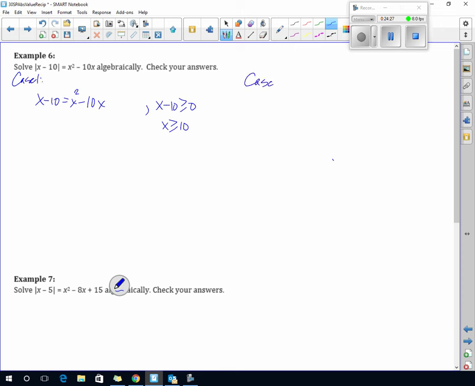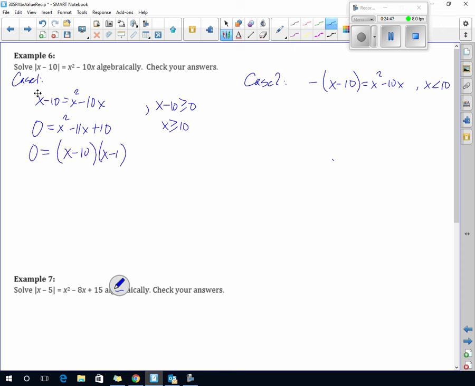So move everything over. 0 equals x squared minus 11x plus 10. So that factors beautifully. So x equals 10 and 1. And I will now reject 1 because it's not greater than or equal to 10.